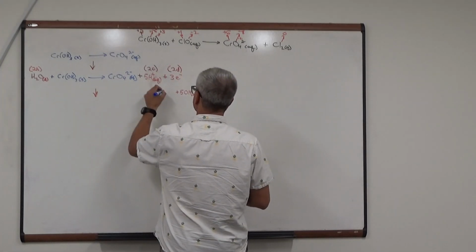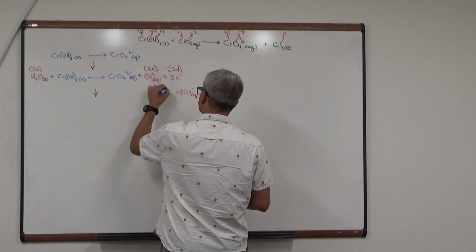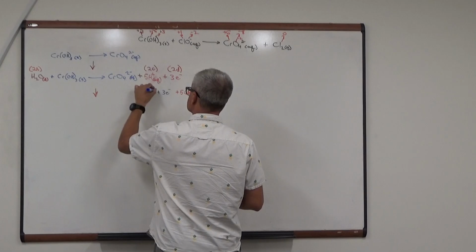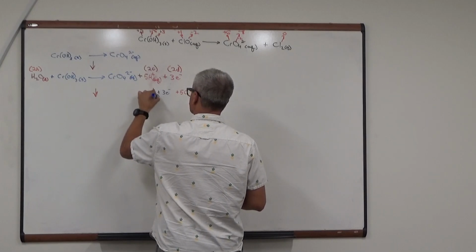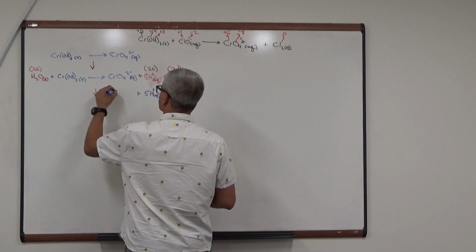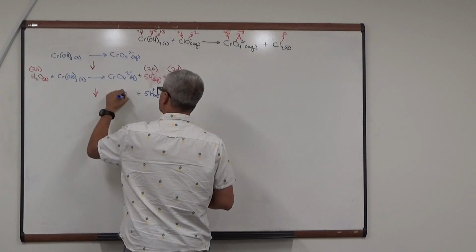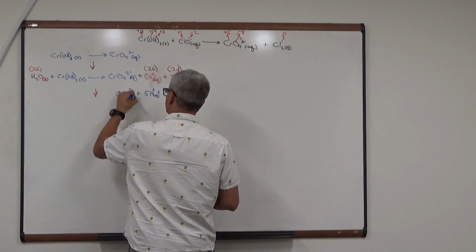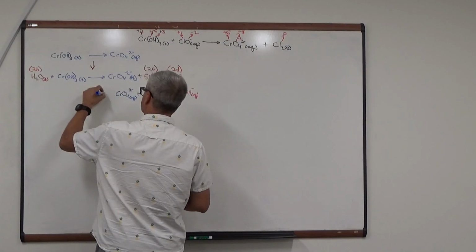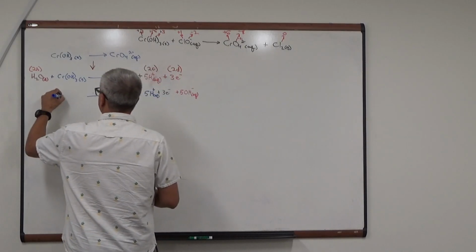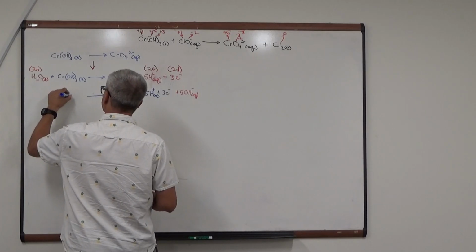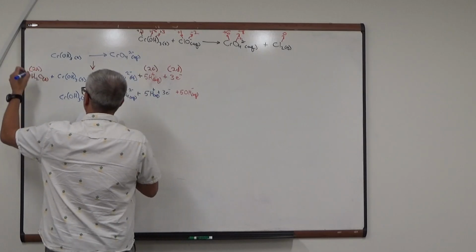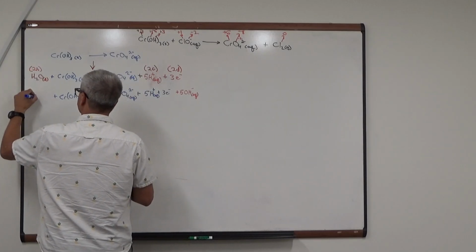All right, and we've got all our other stuff in this equation. Our 3 electrons, okay, and our 5 H pluses. Okay, and our chromate. Okay, oops. Chromium hydroxide and our water.